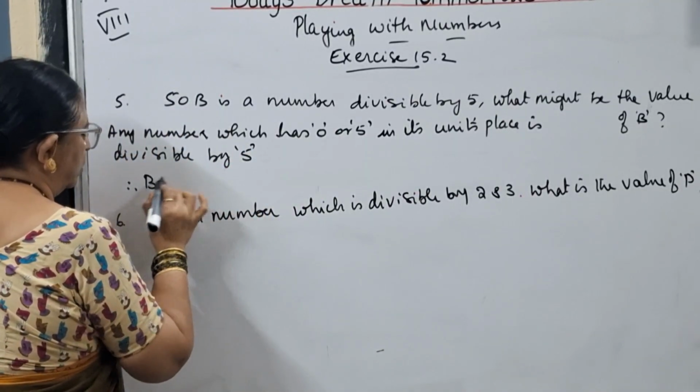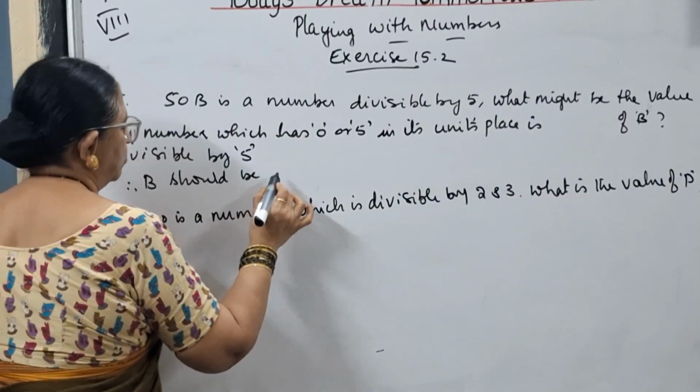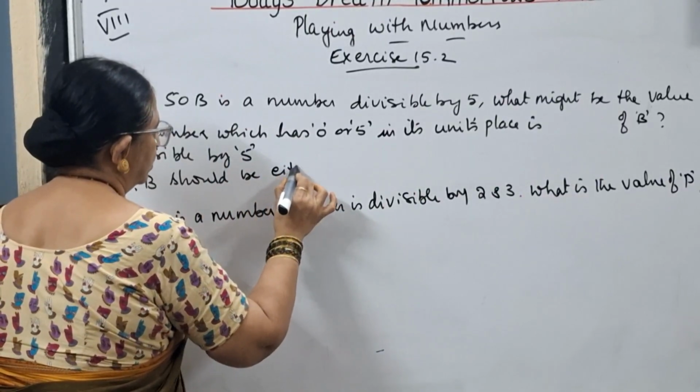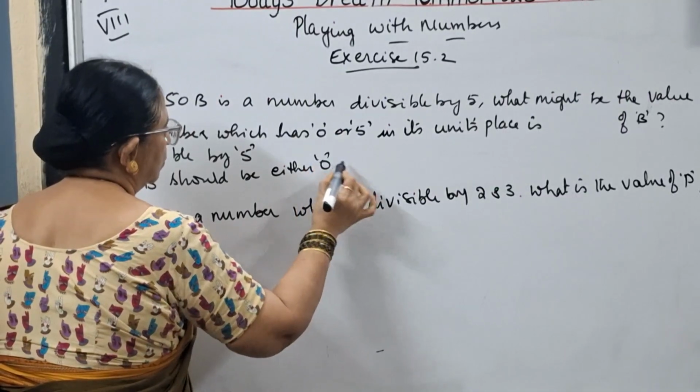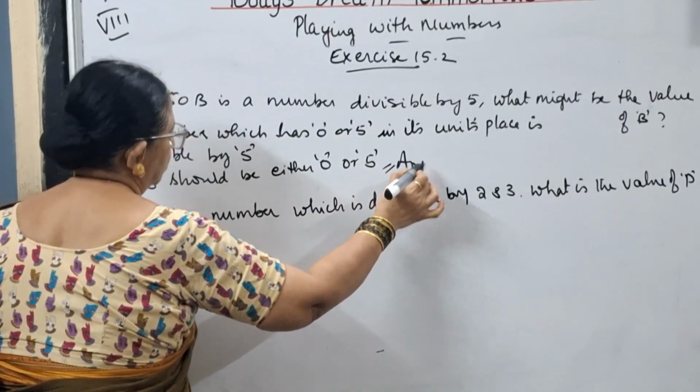Therefore, because b is in units place, b should be either 0 or 5. This should be the answer, children.